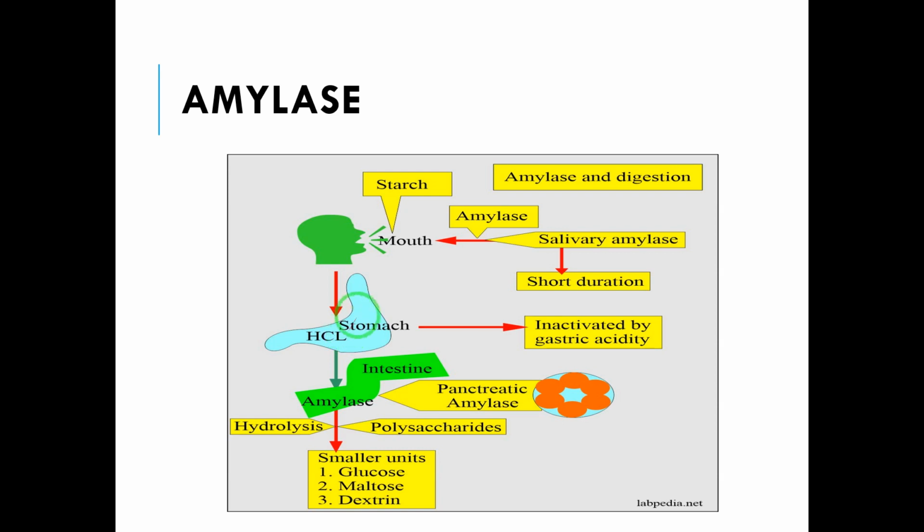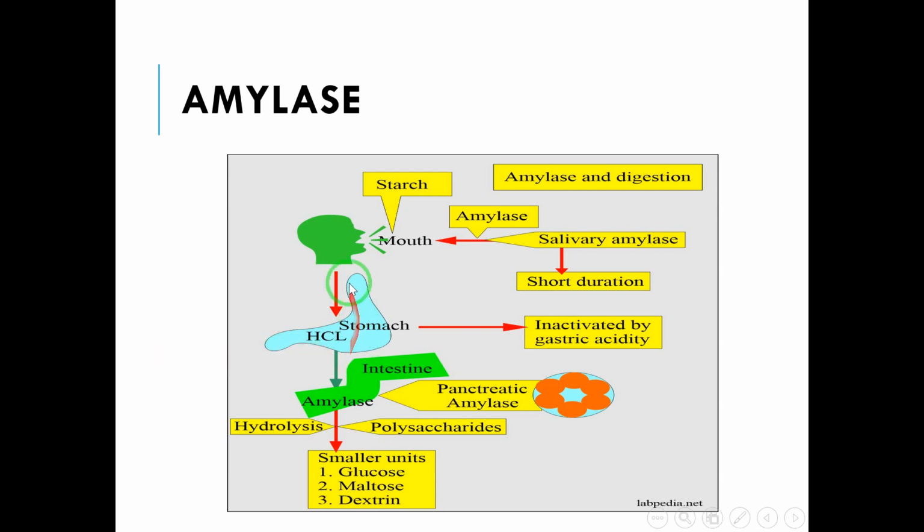Then the food comes into the duodenum, and the alkaline pH of the duodenum favors the activity of the pancreatic amylase, which continues the process of carbohydrate digestion.